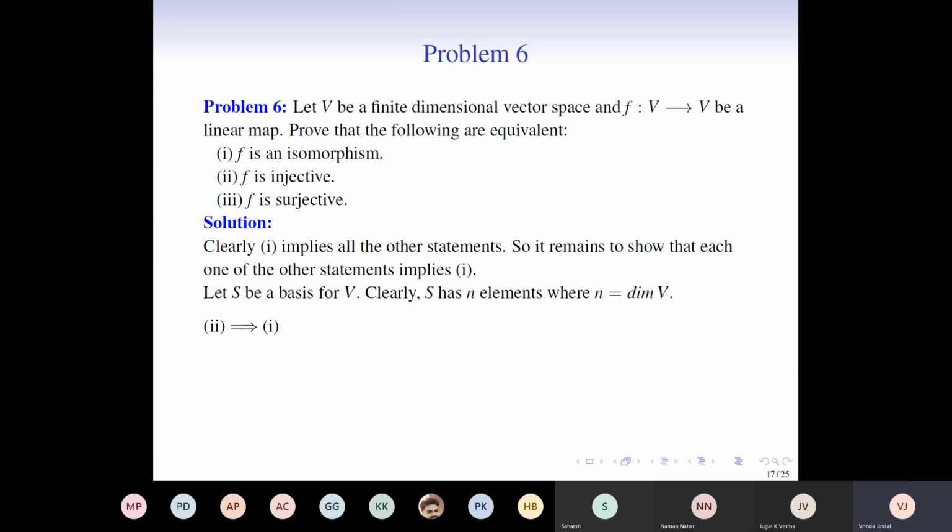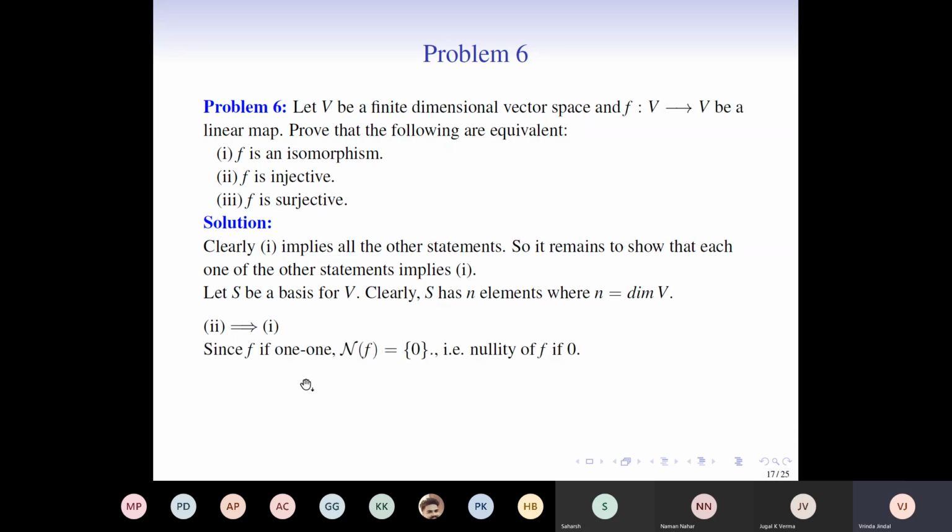So first we'll prove that 2 implies 1. Let me first define some notations. Let S be a basis of V. So the number of elements in S, which is equal to the dimension of V, is n, and it is given that V is finite dimensional, so this n would be some finite integer.